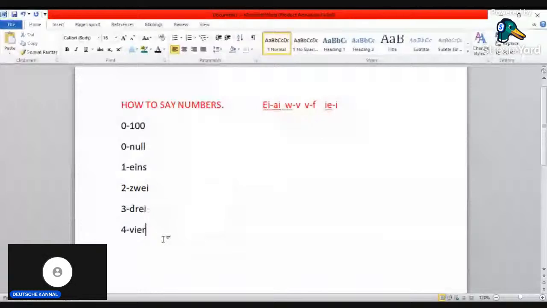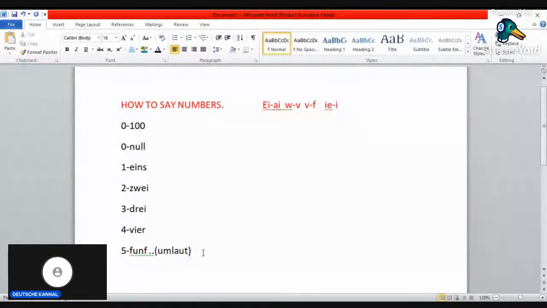Number 5 is fünf. Note that on top of this U, you put umlaut. What are umlauts? Umlauts are the 2 dots. These 2 dots are called umlaut.